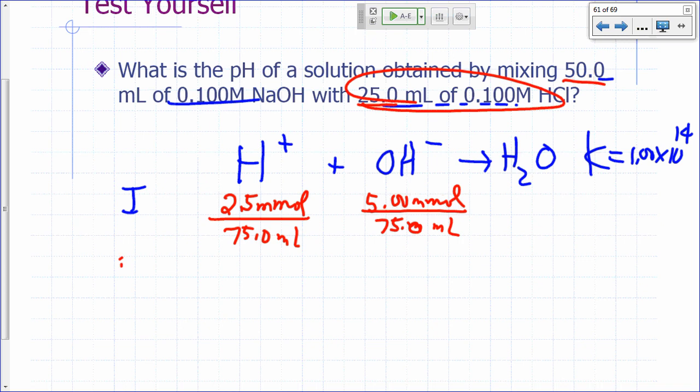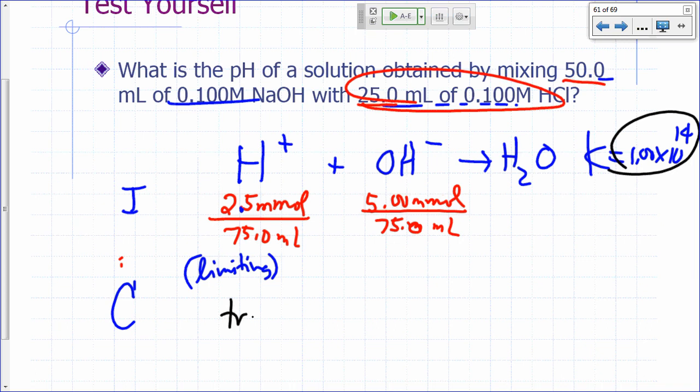What would be your changes? 2.5 versus 5, 1-to-1 ratio. Which one is the limiting reactant? This is your limiting reactant. And this KEQ is very large, so you know it's going to go all the way, right? So you're going to have trace amounts left here.